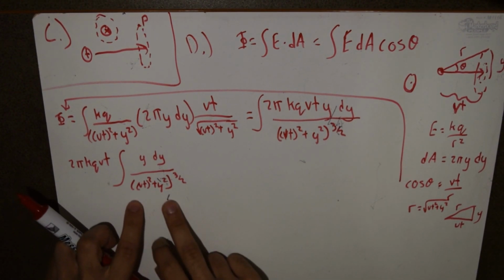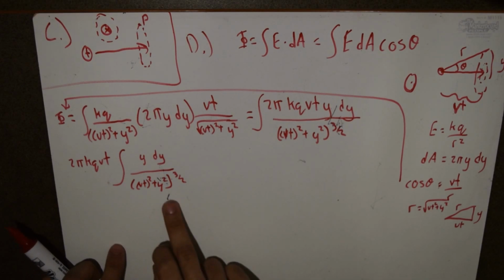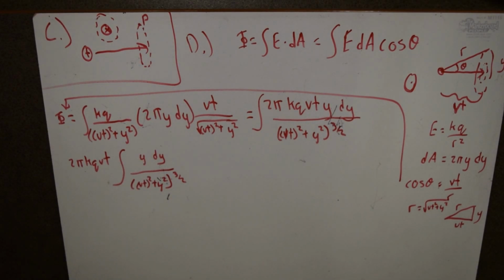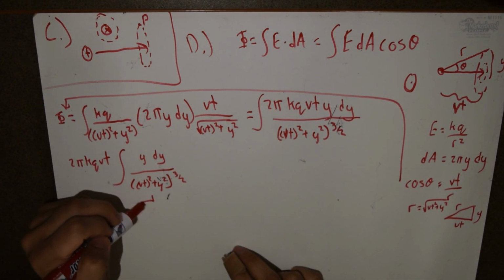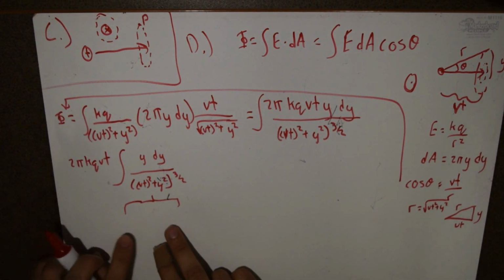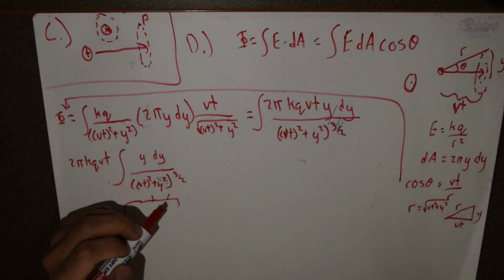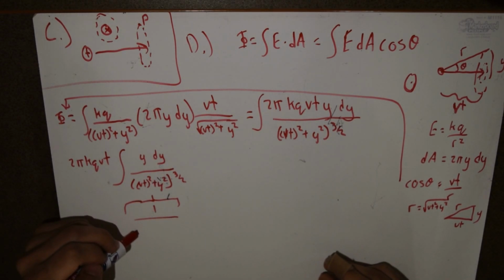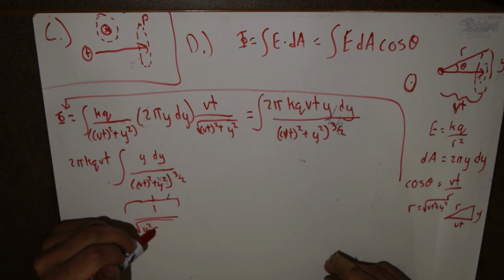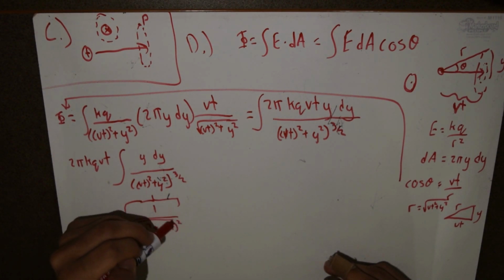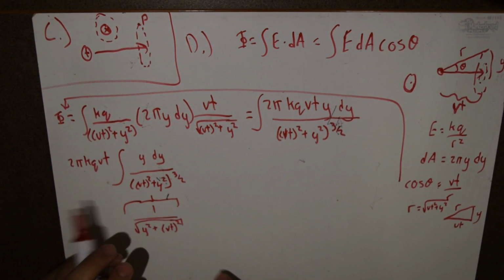The integral of this, of a constant squared plus the variable squared with the variable on top, dy, is defined as, so this whole integral can be negative 1 over the square root of y squared plus vt squared. So that is the definition of that integral.